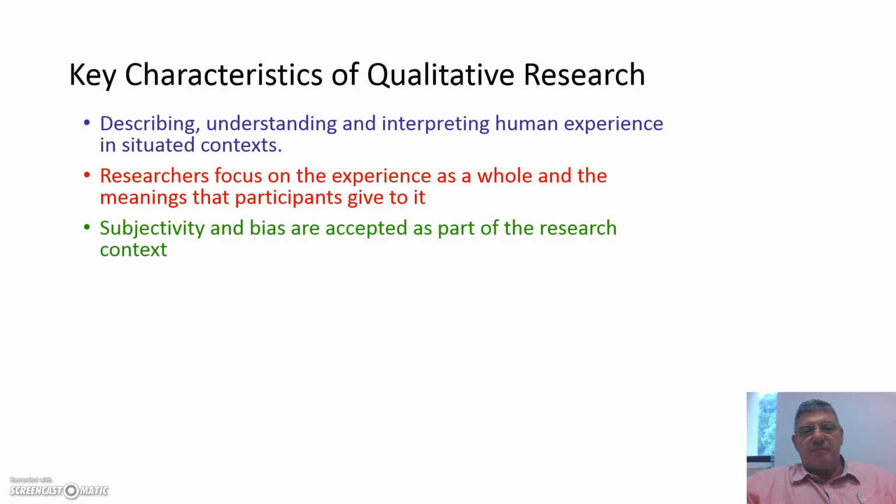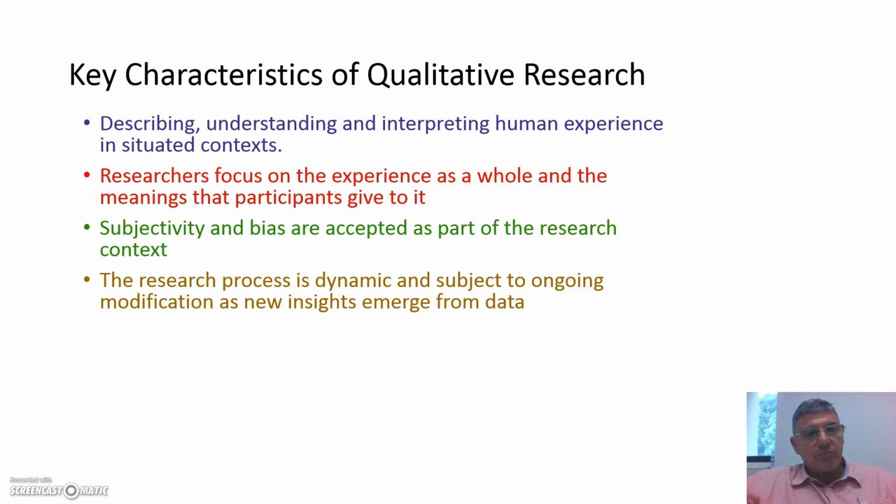So subjectivity and bias are part of the research context. As the researcher, you will influence the situation, and the way they perceive you will also influence the access to information or the types of information they might be prepared to display to you in that context.